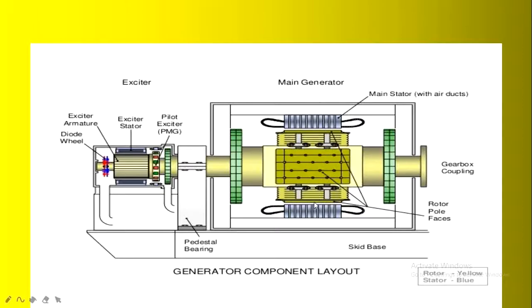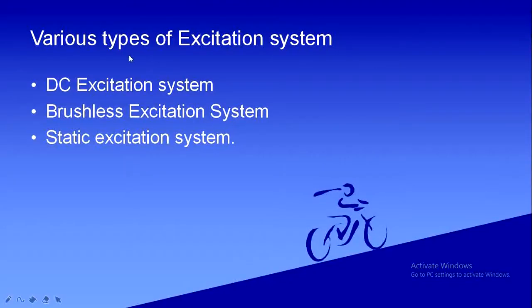This is the main generator or main stator. Here the rotor is shown in yellow color. This is the rotor portion which is energized by the excitation system. Therefore, the magnetic flux is cut by the stator conductor or the armature conductor, and EMF is induced in the armature conductor, which is the main stator in this figure.